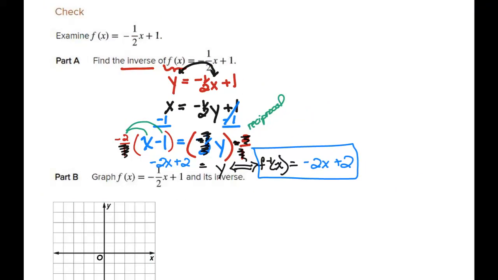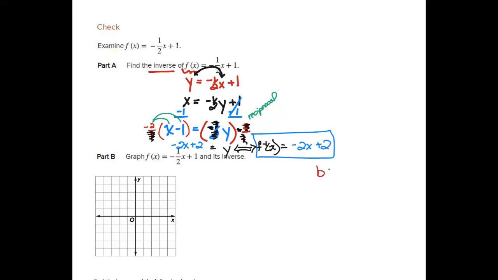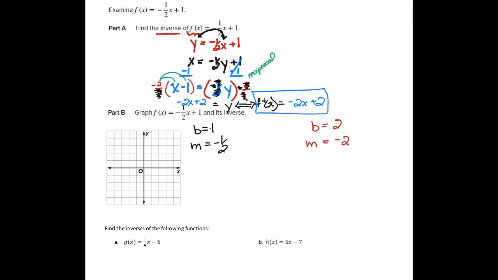And then you would graph those. This is going to be a y-intercept. My b value is 2. Here my m value is -2. For my original, this is the b value. The y-intercept is 1. My slope is -1/2.